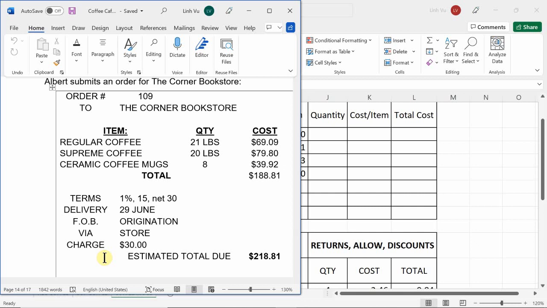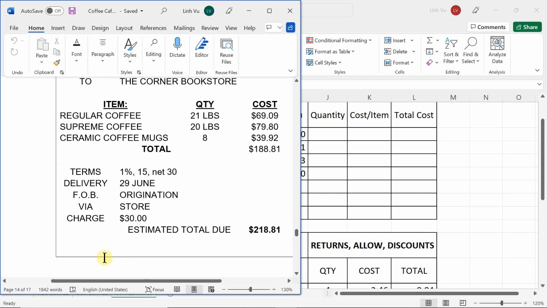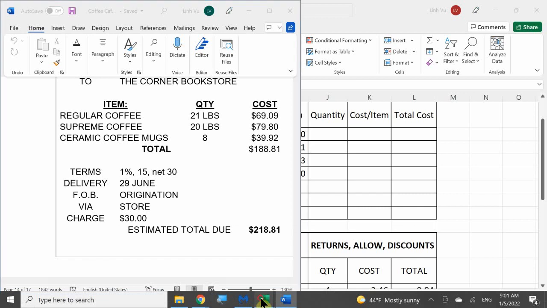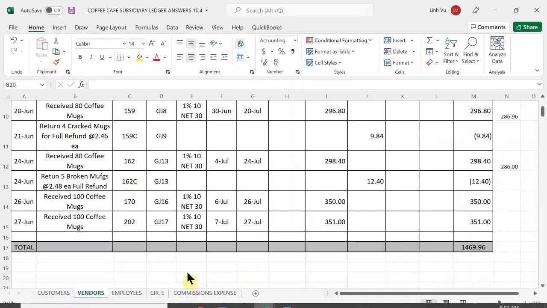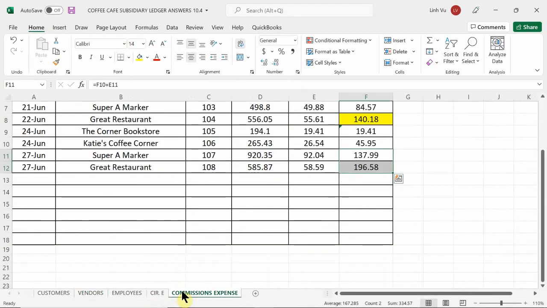So in this case, what do I do with this? You go to commissions. We're gonna put this into commissions for $218.81 because this is a potential sale. Okay, commissions.